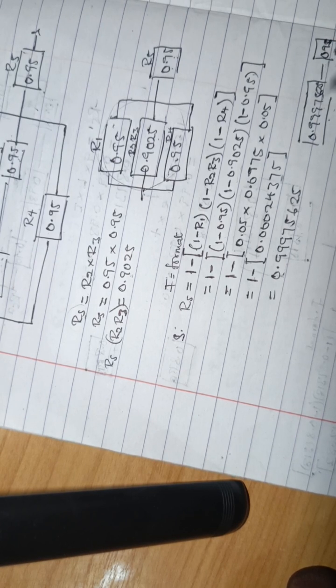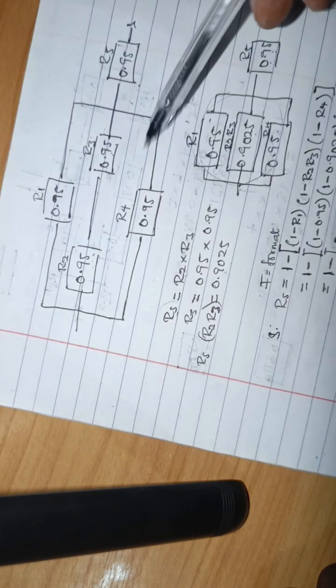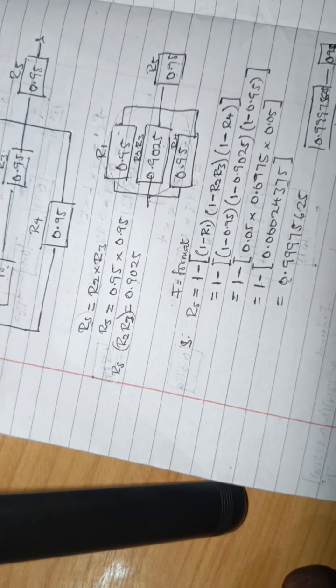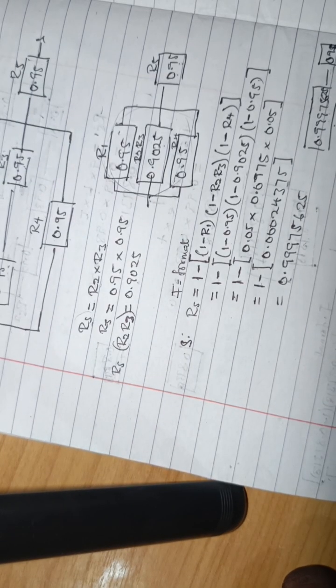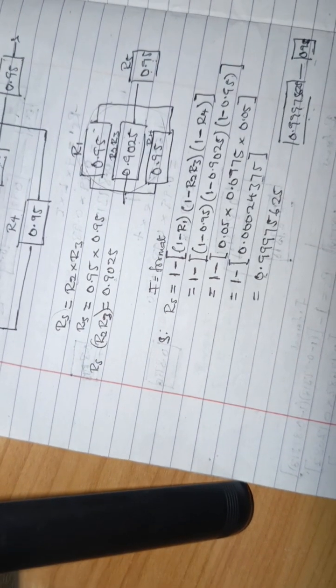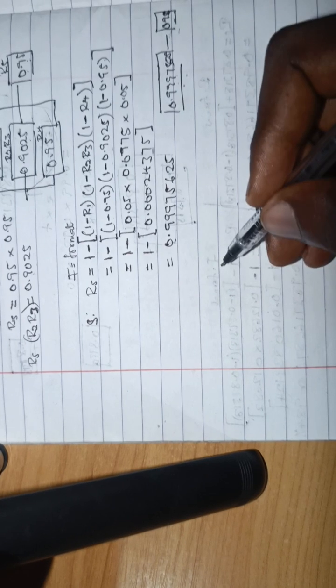So you use a series format to solve for this. You see how I broke it down from here to this, then from this to this, where it's now in series. So we just use a series to solve it. So with a series, all you have to do is just multiply.